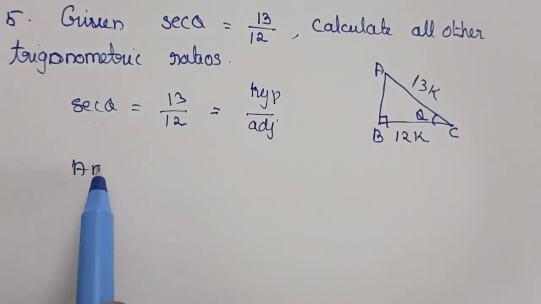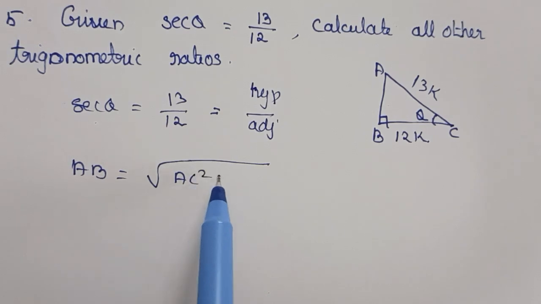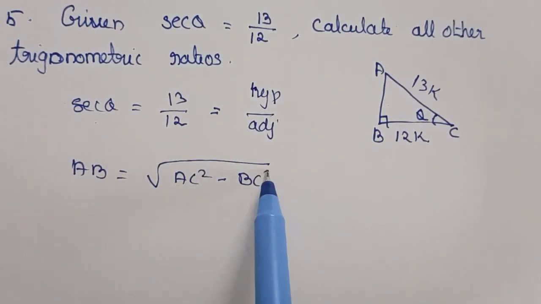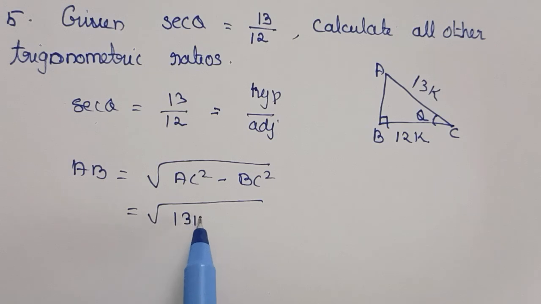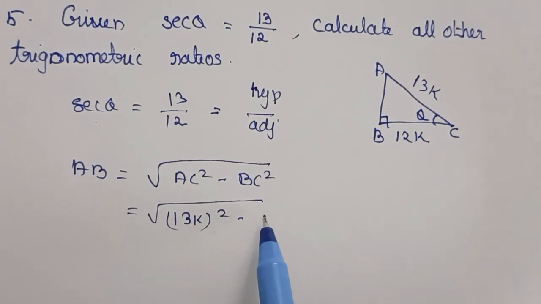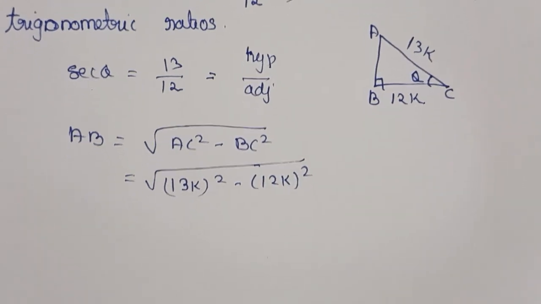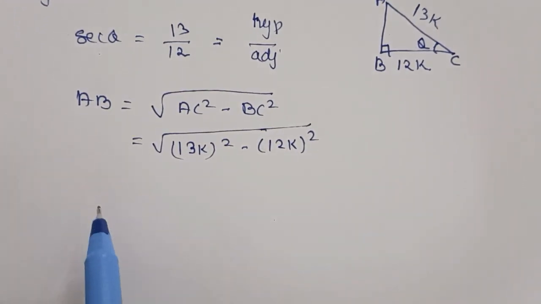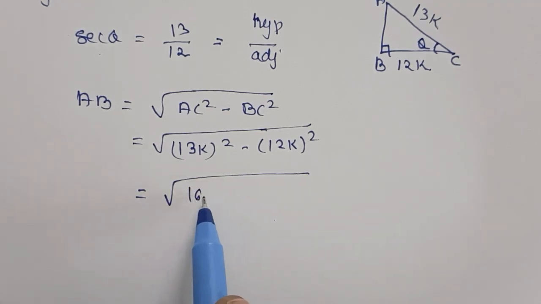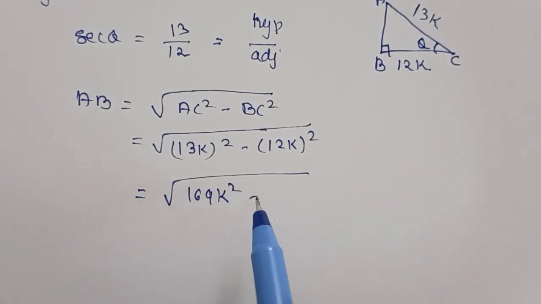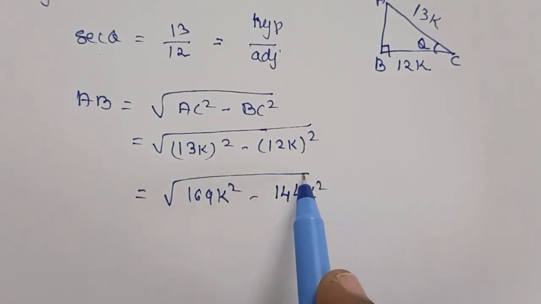AB equal to square root of hypotenuse square, that is AC square minus BC square. It is root of 13k the whole square minus 12k the whole square. 13 square equal to 169, that is root of 169k square minus 12 square, 144k square.